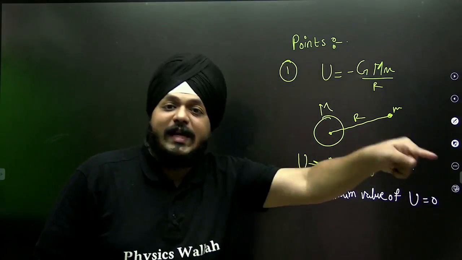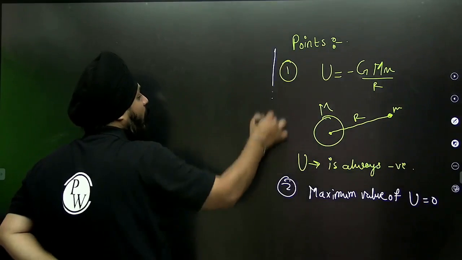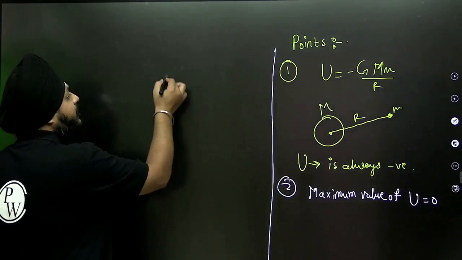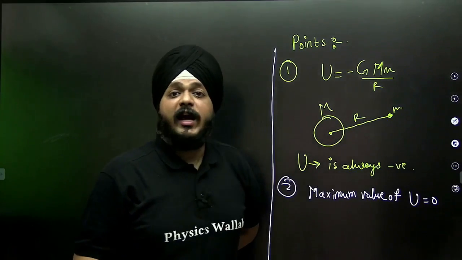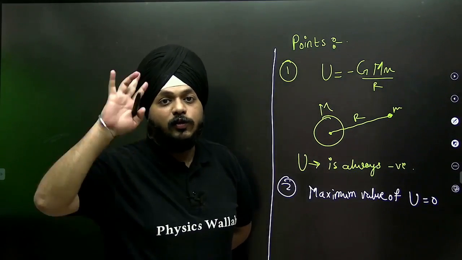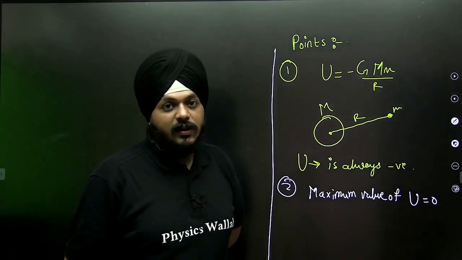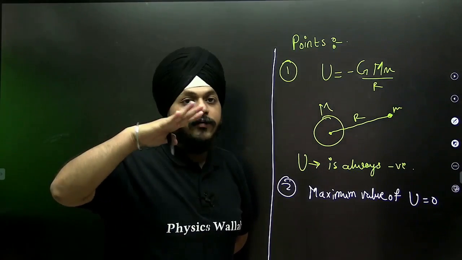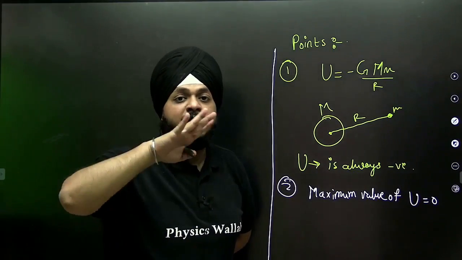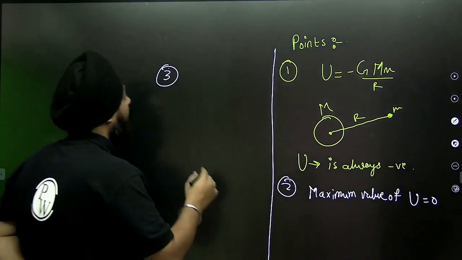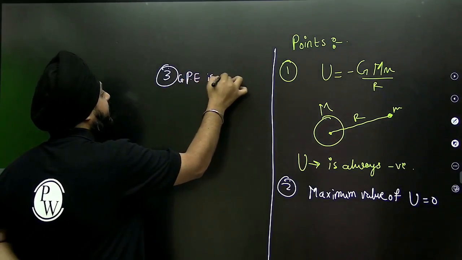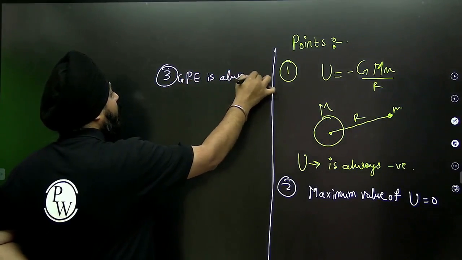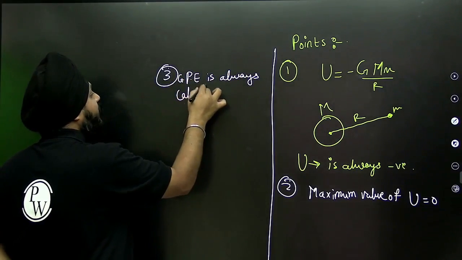It is always calculated with respect to a reference point. We have already seen this in work, energy and power, when we were dealing with the concept of mgh. That was also gravitational potential energy, and we were evaluating everything with respect to a reference point. Here also, the gravitational potential energy is always calculated with respect to a reference point.